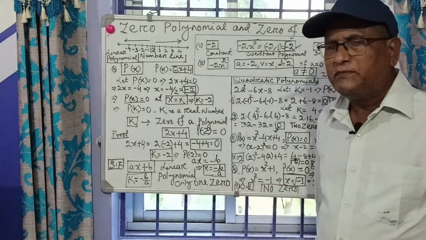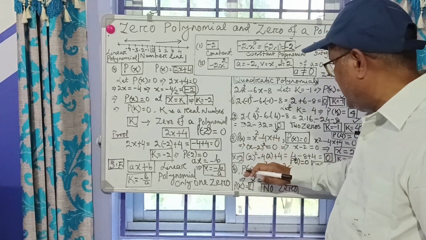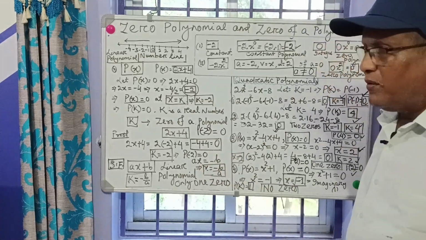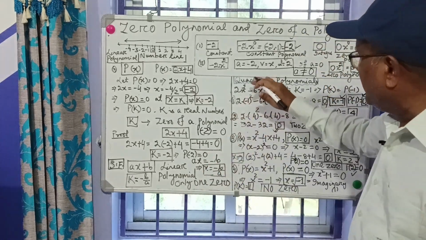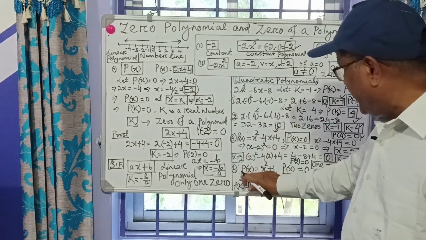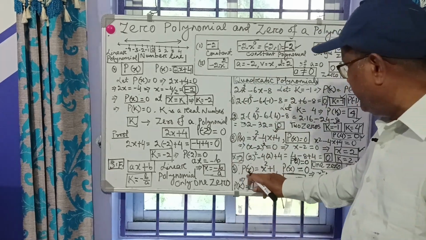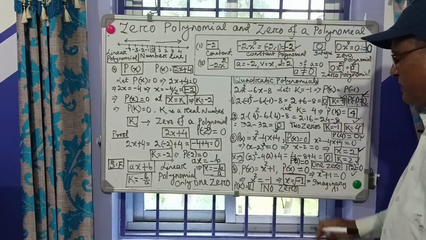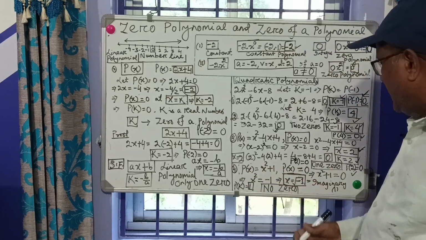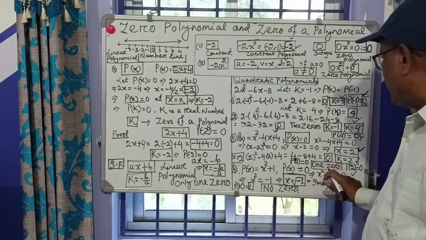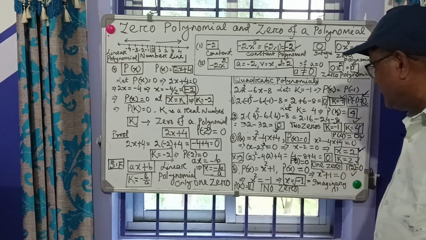Now come to the third situation, the third condition, where the quadratic polynomial will have no 0. So we have taken another example, p(x) is equal to x square plus 1. Let p(x) is equal to 0, which implies x square plus 1 is 0.